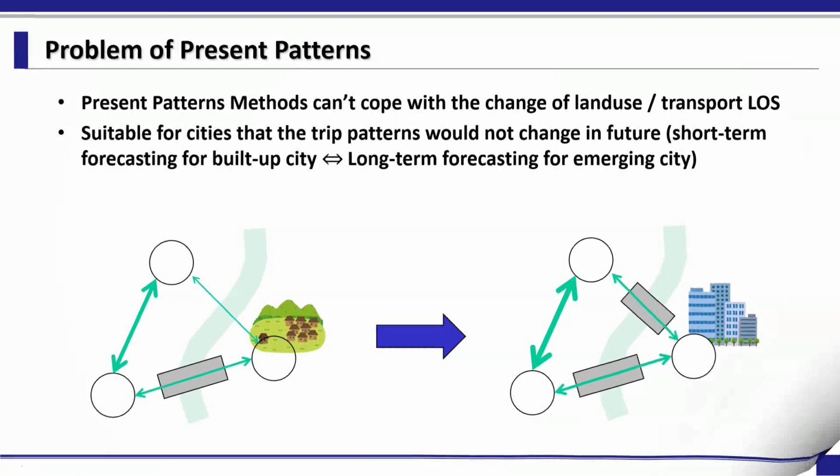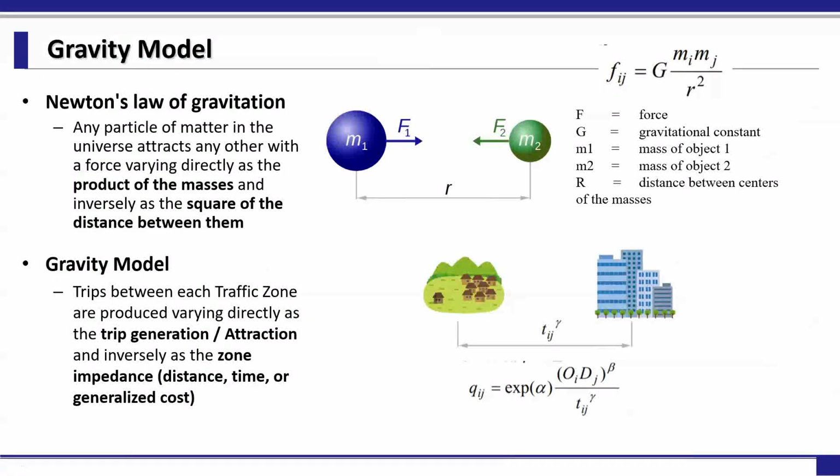Next is the modeled trip distribution models. The most typical one is the gravity model. As the name suggests, this model comes from Newton's law of gravitation. What is the relationship between Newton's model and people's trips?